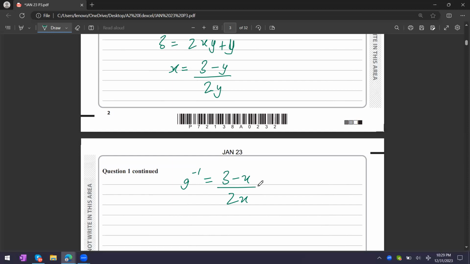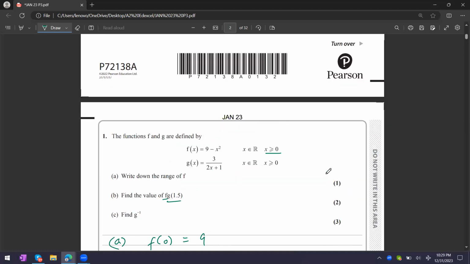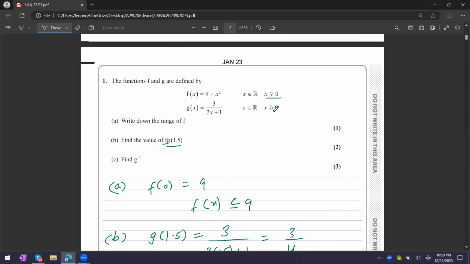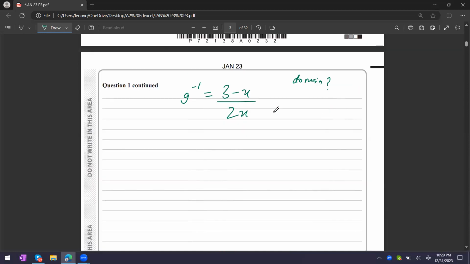But there is one thing we need to add. What about the domain of this function? You need to give the domain of g inverse also. Just like you can see in these two functions, the domain is always written. So the domain of g of x is x greater than or equal to 0. We know that the range of g of x is the domain of g inverse of x.